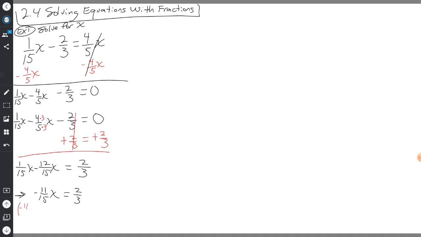So we take that and multiply it by itself. Let's keep this x out here. And we're doing the red part, which is the reciprocal, on the other side as well.